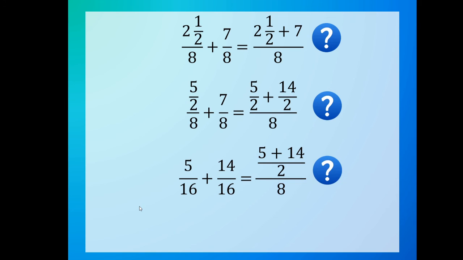We still do not know that this is true yet, but we can also know that 5 plus 14 over 2 over 8 is equal to 5 plus 14 over 2 times 8, which is equal to 5 plus 14 over 16.